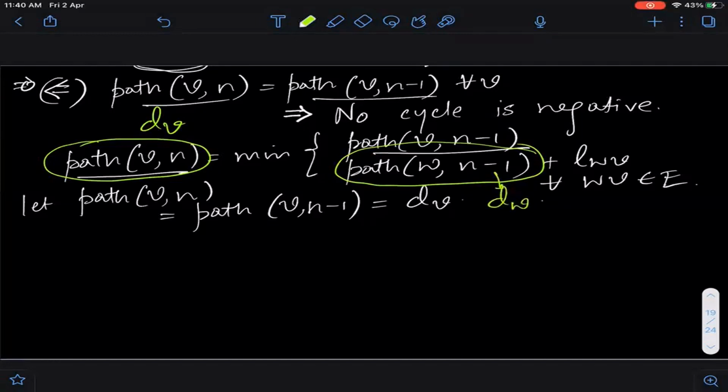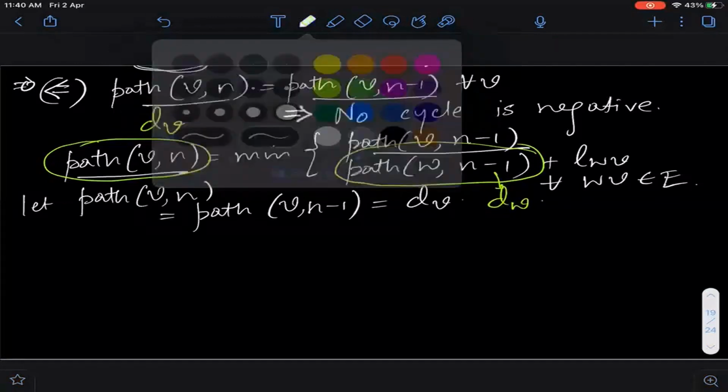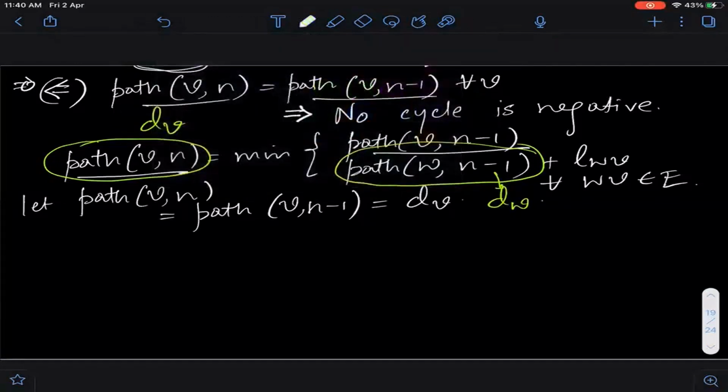ठीक है? Okay, good. Now let's just use the recurrence. जो recurrence हमने लिखा है, I will use a fact from this recurrence. So what is the fact?